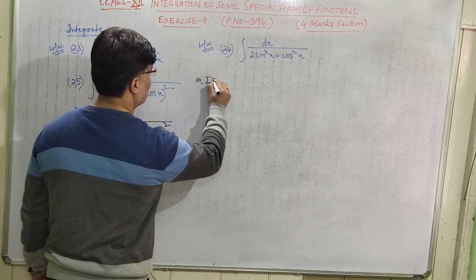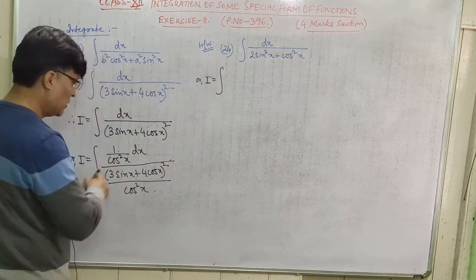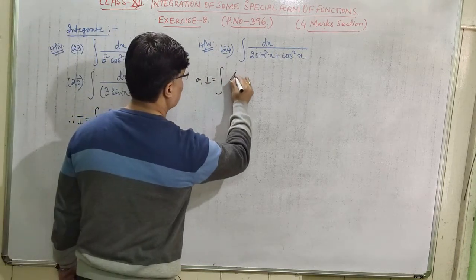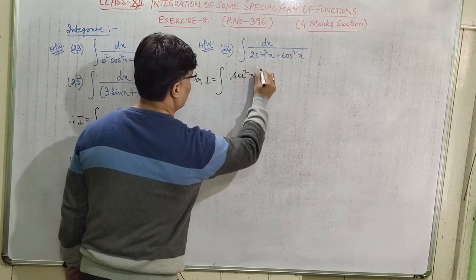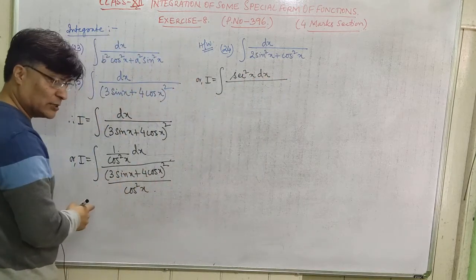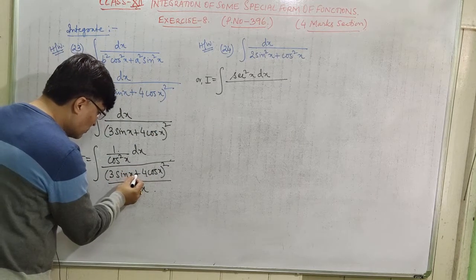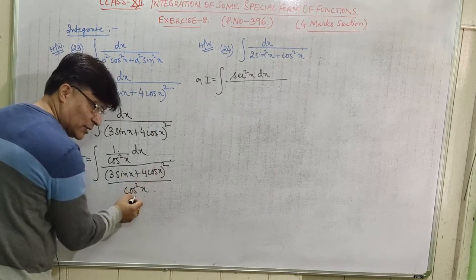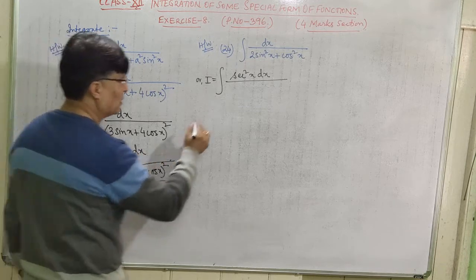Or I is equal to integration of, what is 1 by cos square x? It is sec square x dx divided by, in the denominator, both the fractions are square, isn't it? You can write it within whole square.